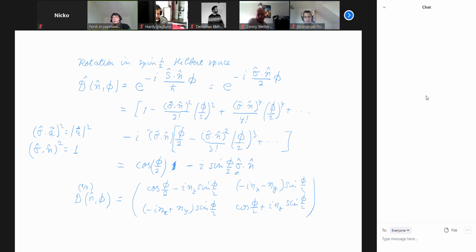If we have j equal to 1, that would be like the p states if you do atomic physics. Then there will be 2j plus 1, so 3 basis vectors corresponding to px, py, and pz. So then you have a 3 by 3 representation of the rotation matrix.